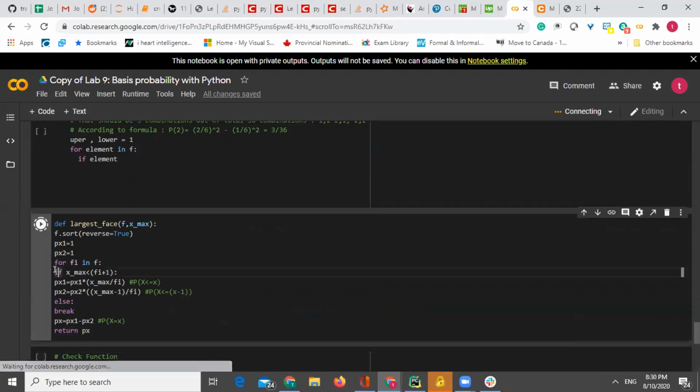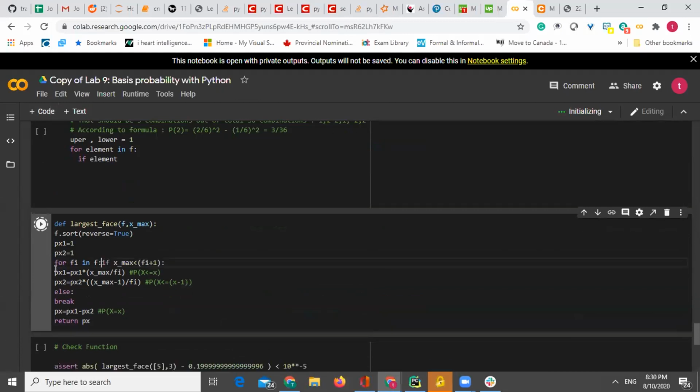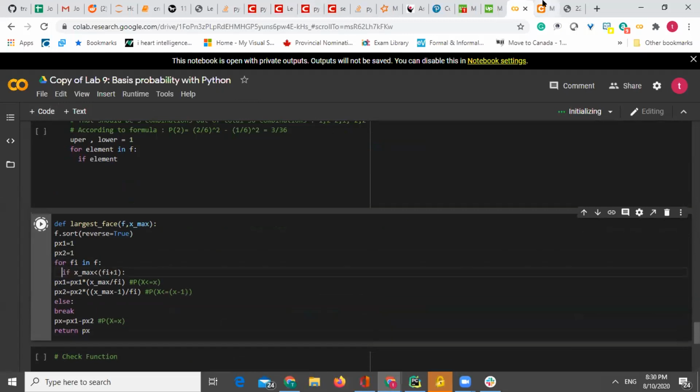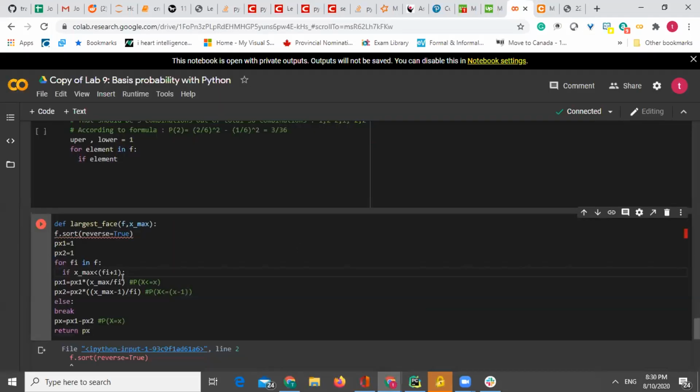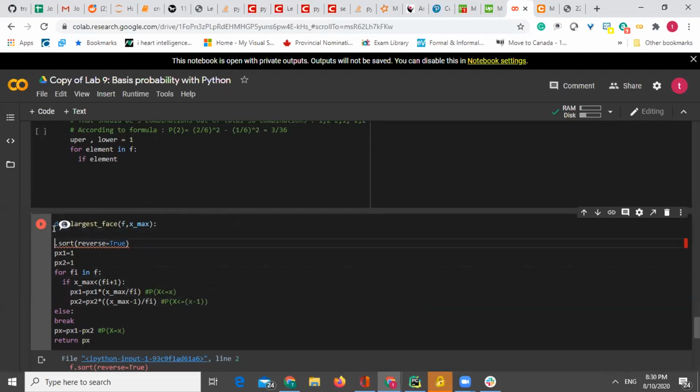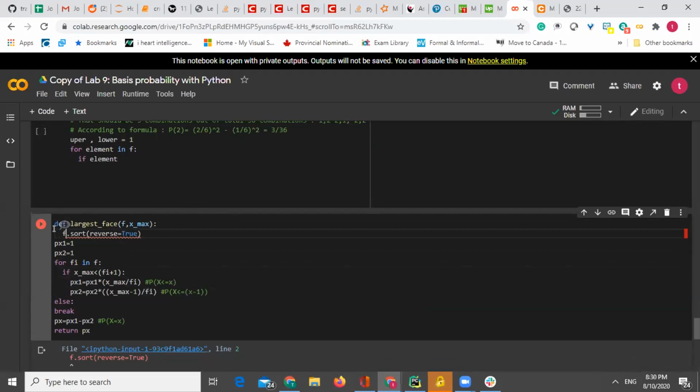If there's indentations, mode of indentation is so.